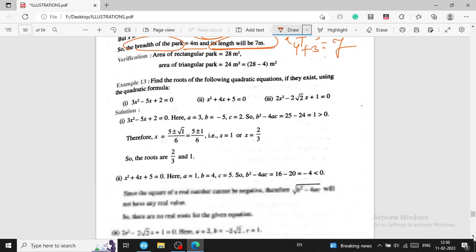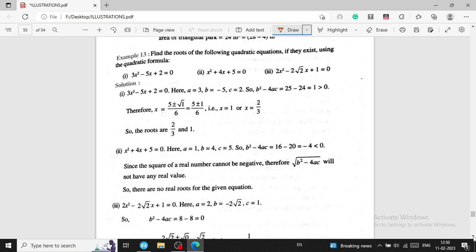Now next, find the roots of a quadratic equation. All these statements will be solved by the discriminant method. You can use that method and you can find all the roots. If D is greater than 0, equal to 0, and less than 0, what will be the result? When D is greater than 0, then we can say that it has real roots.